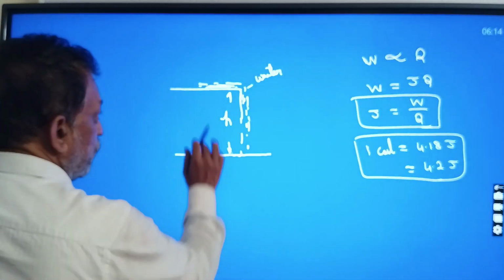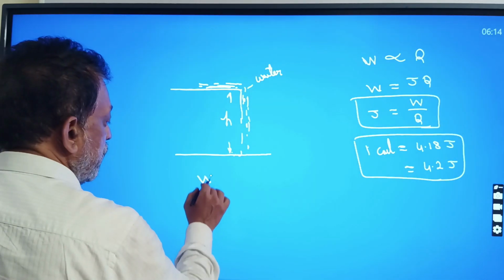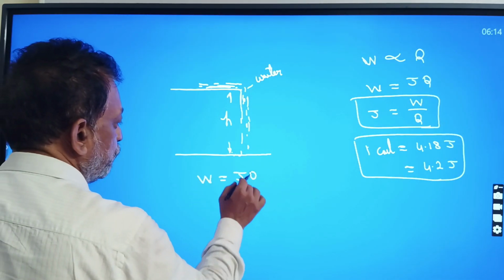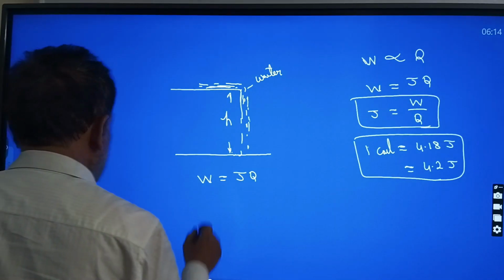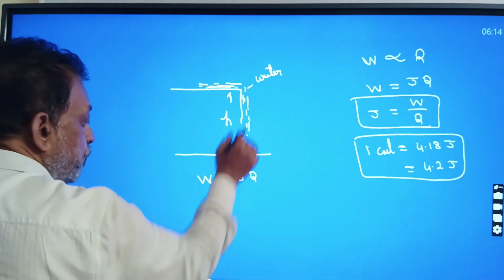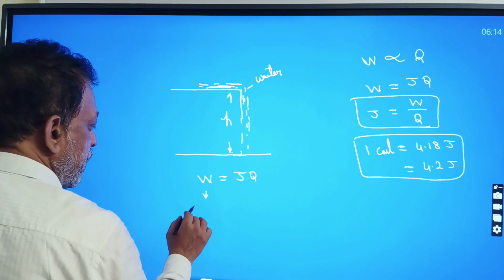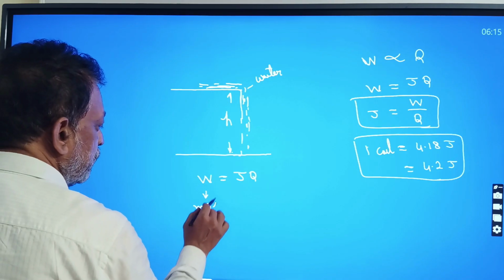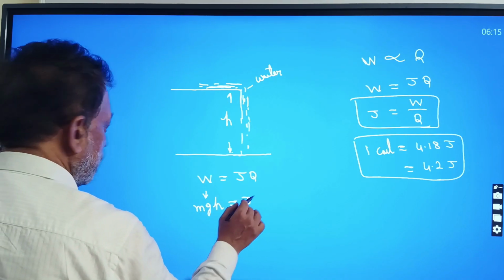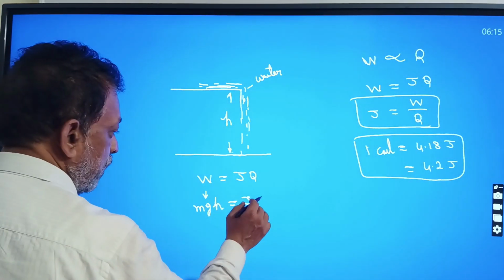Now the work done is equal to JQ. What is the work done? mgh, potential energy, mass into g into height h, is equal to J times Q. Then Q is equal to what formula?